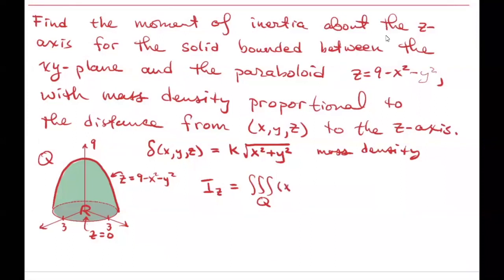So you do x squared plus y squared, that's distance squared, times mass, which is mass density, dV. Okay, so that's just the formula for the moment of inertia about the z-axis.